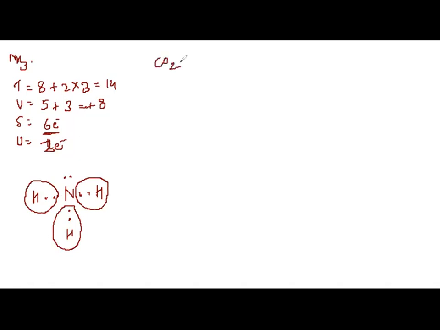Take one more example, CO2. T, V, S, U. Total number of electrons: carbon 8 plus oxygen also 8 into 2, 8 to the 16, and 16 plus 8 is 24. Valence electrons on carbon: 4.